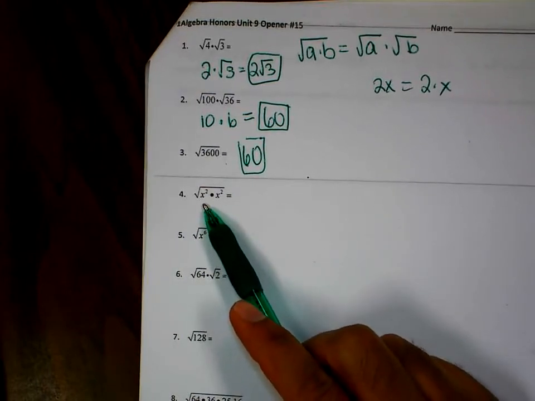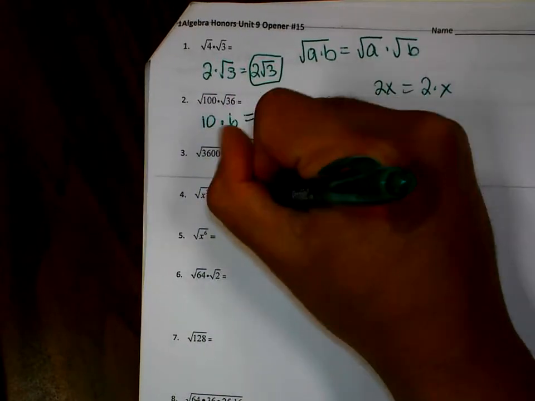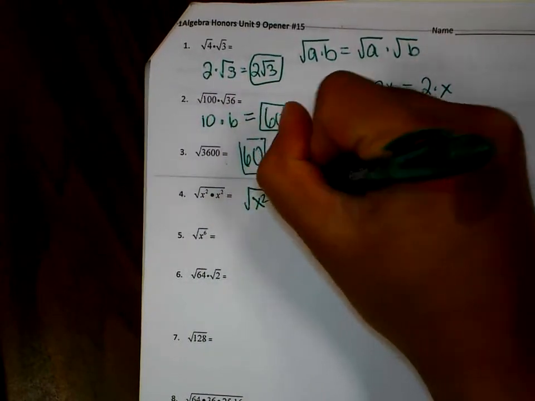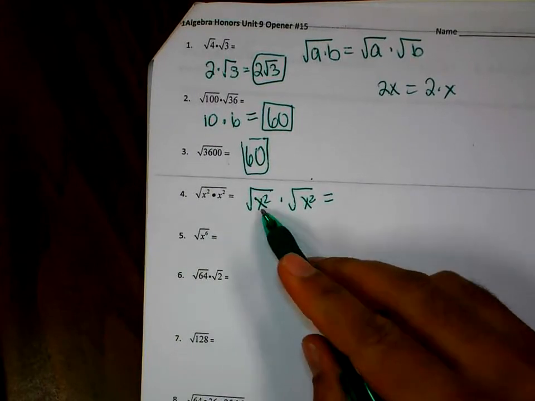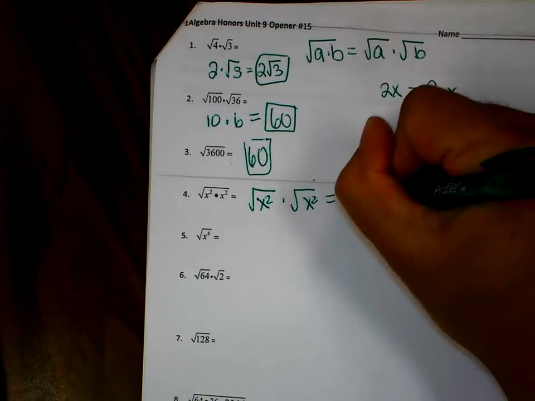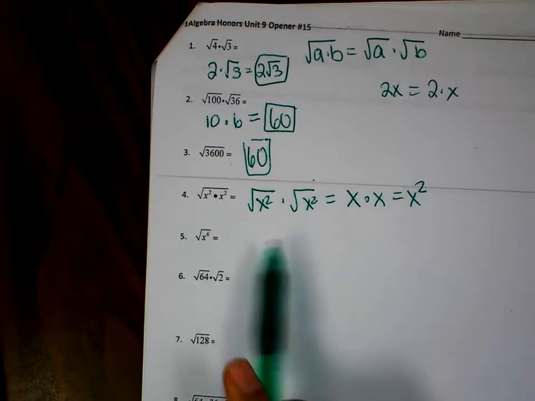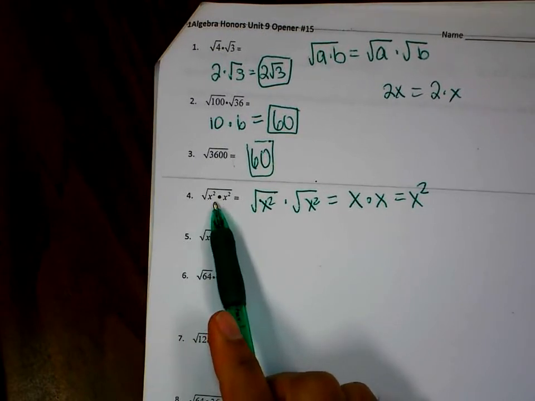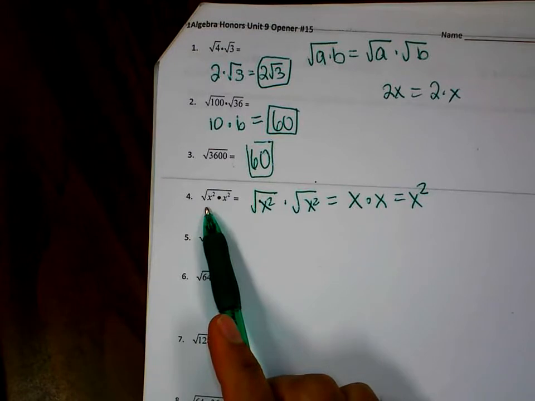We have the square root of x squared times x squared, which I can just break up as the square root of x squared times the square root of x squared. The square root of a squared number is just the number itself. So x times x, which is x squared. So when you have something multiplied times itself inside the square root, in essence, one of them comes out, one of them goes away.